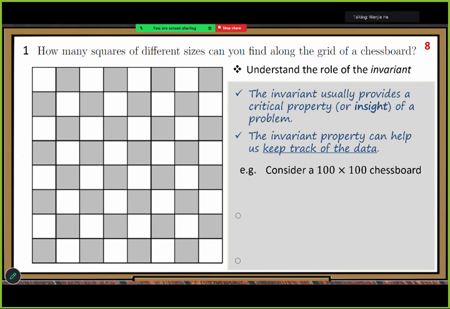Very large, so definitely we won't play chess on that big chessboard. But we can do the counting, right? We want to count how many squares of different sizes are on this 100 by 100 chessboard. It's a grid, actually, not a real chessboard.